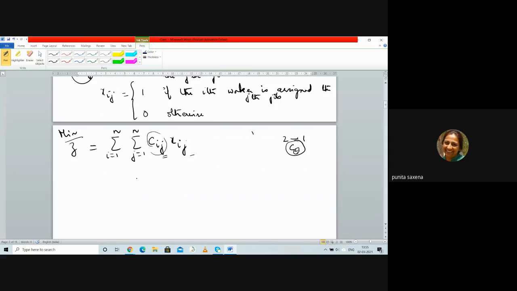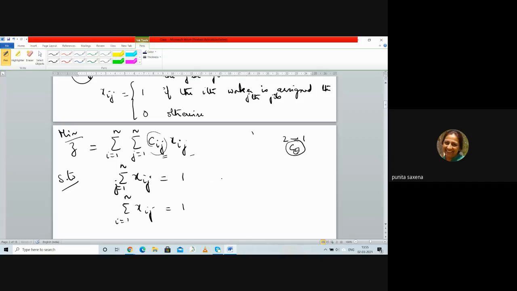But in this case, the right hand side is all one. So the only constraints we are going to have are these, where once we are running over j and once we are running over i. So these will be your set of constraints.